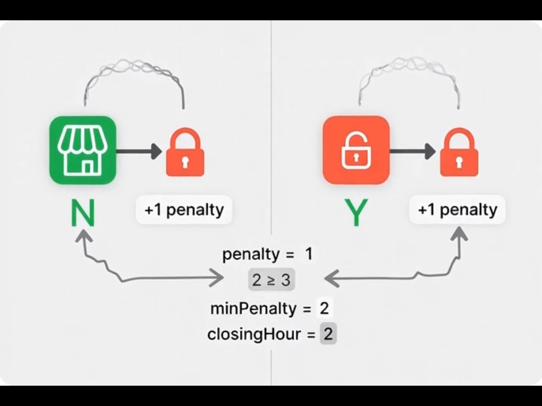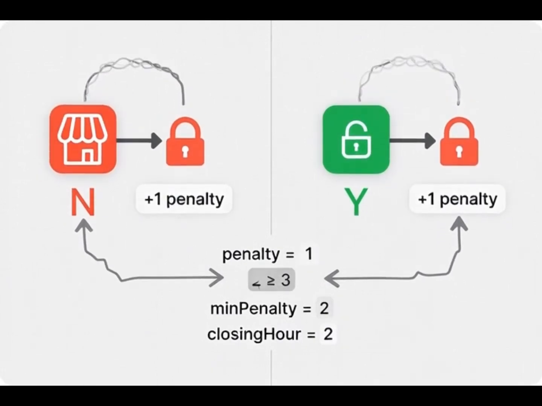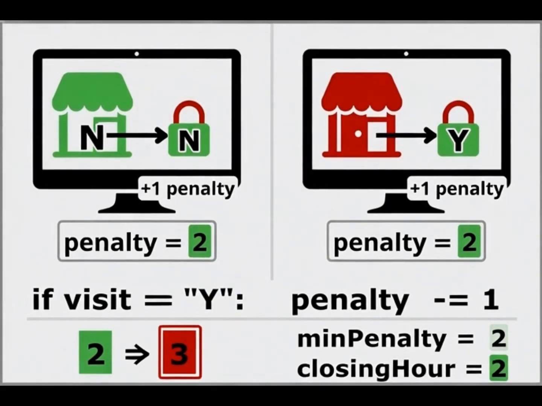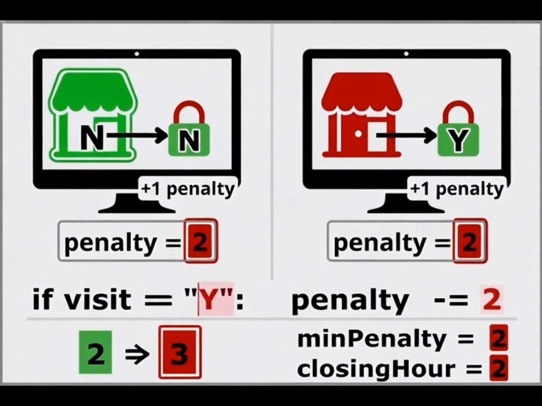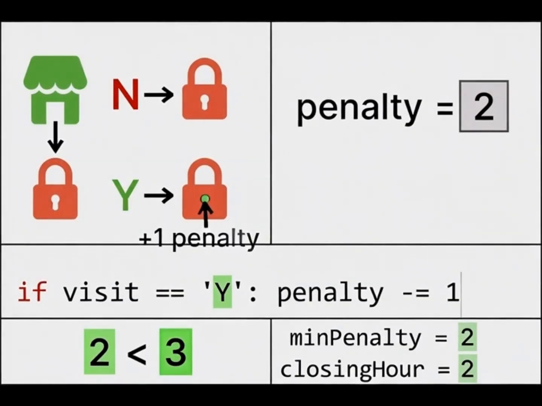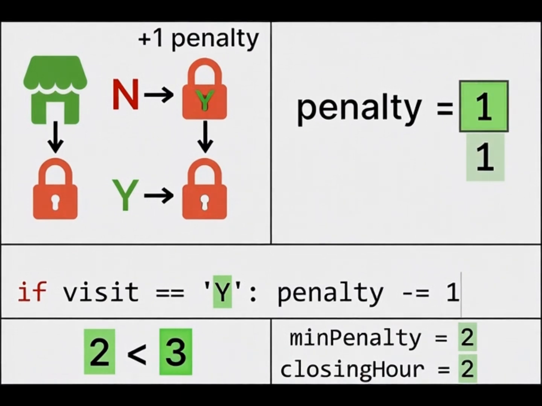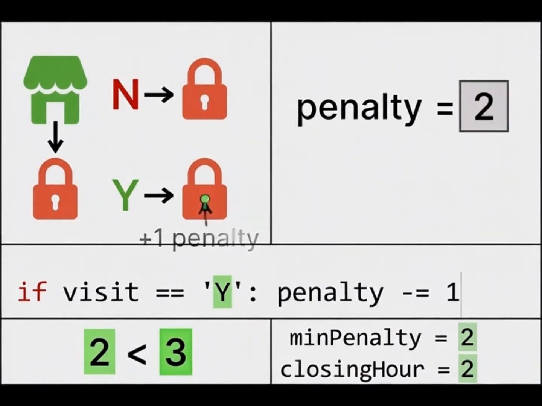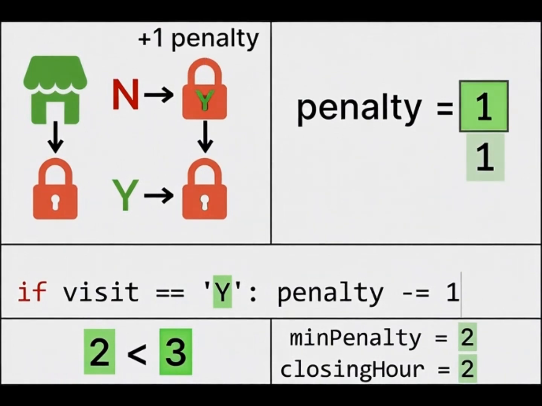This is now the lowest penalty so far, at hour 2. At hour 2, no customers come. The shop is open, so this adds a penalty. The total penalty increases again. Even though the penalty becomes 1 again later, we always choose the earliest hour with the minimum penalty. So hour 2 stays our answer. And now we'll see the explanation and full code.